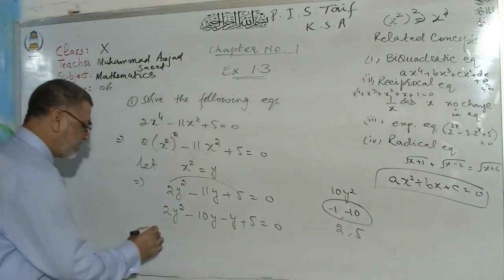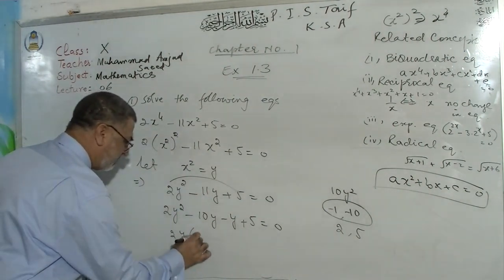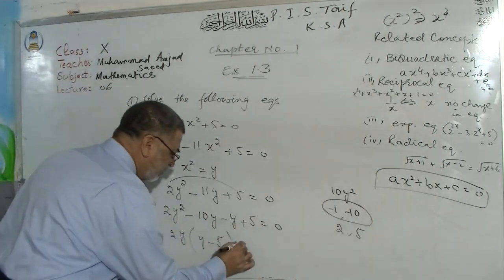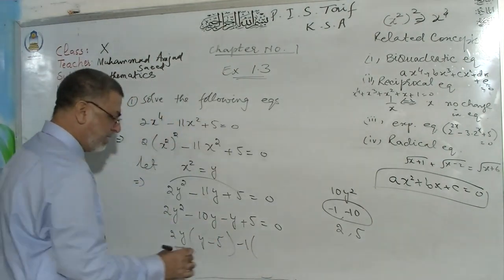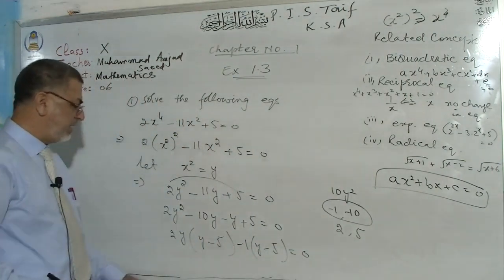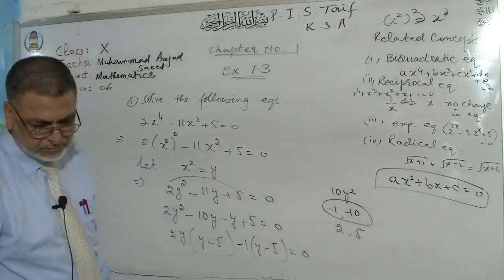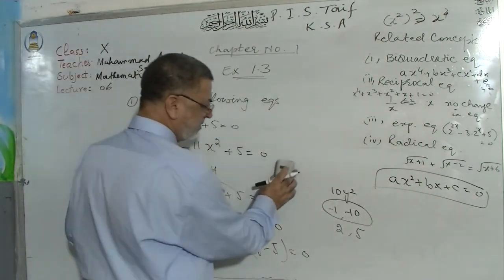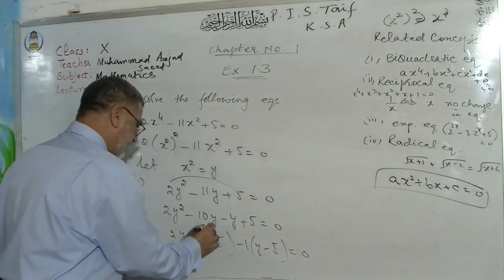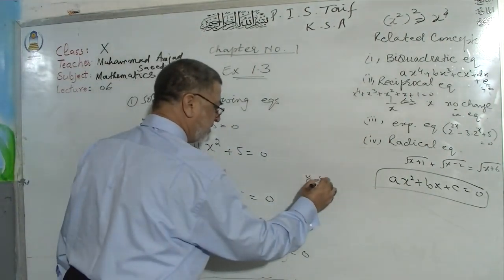Here from the first two terms you can take 2y common, y minus 5, and from the last two terms you can take minus 1 common, then there will be a change of sign. And here you will have y minus 5 and y minus 5.